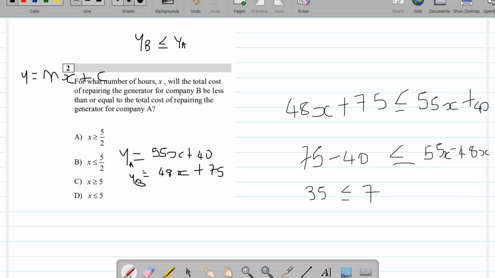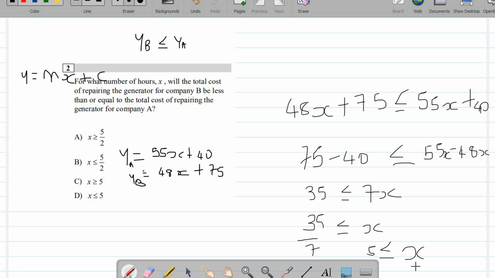So 35 is less than or equal to 7x. When you do that, you can't just turn it like that. Don't just turn it like that. So you have 35 over 7 is less than or equal to x. Balance it. This is 5 is less than or equal to x.